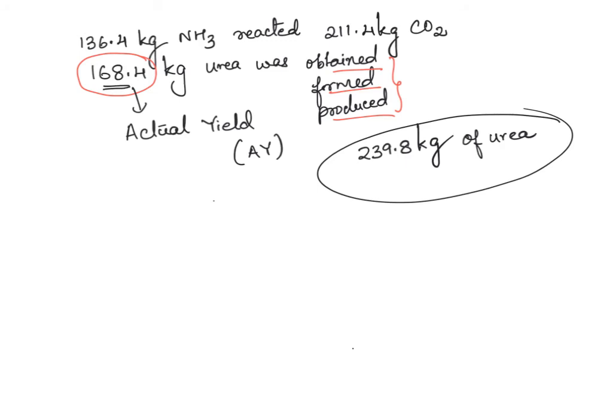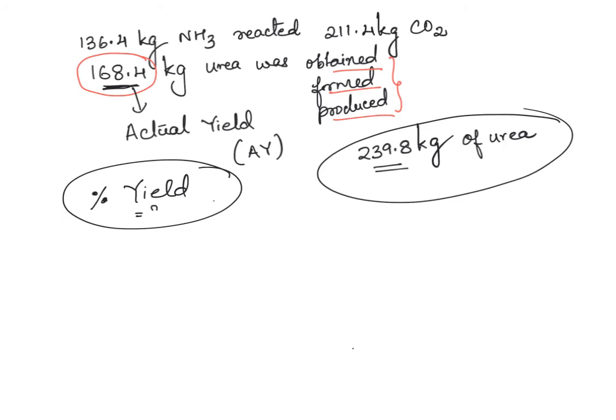So what is the percent yield of the reaction? It's not 100%. If it was, we would have found 239.8 kilograms. But we found 168.4 kilograms of urea.